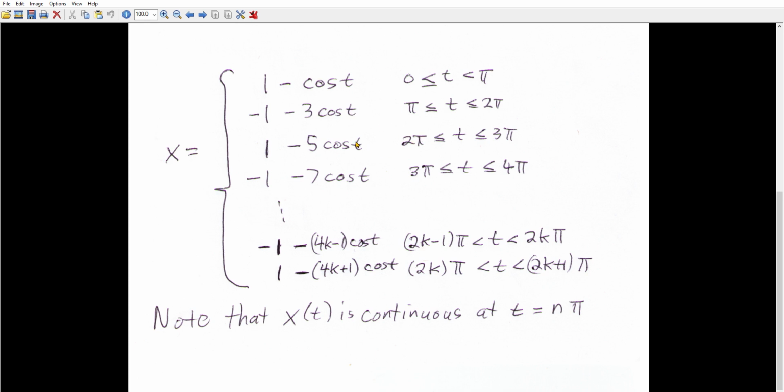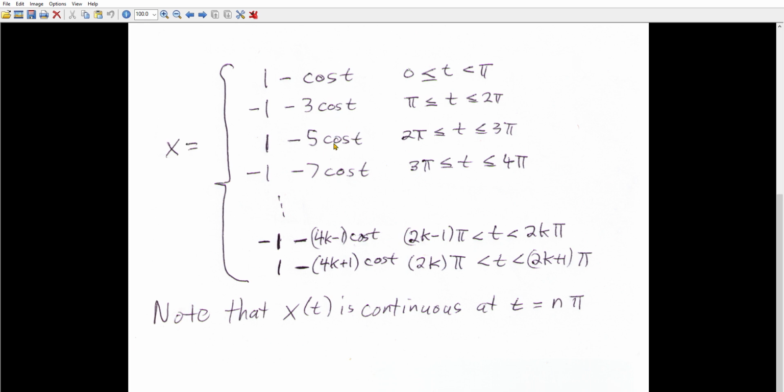At 2 pi, this thing is 1 minus 5 times 1 or minus 4, continuous. And as we go through here, all of these things match up. So our solution is continuous, and it is behaving like a resonant solution in that the amplitude is growing linearly with time.